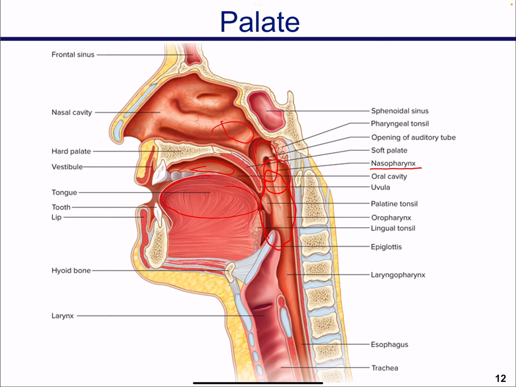Okay, so that's the nasopharynx. Then we have the oropharynx right here in the middle. And then going down here, we have the laryngopharynx, the larynx, right? Which is part of your respiratory tract, right? But we are not going to address that. And the esophagus comes right behind the windpipe, okay? So this is your windpipe, also called the trachea. The esophagus is going to go right behind the windpipe.